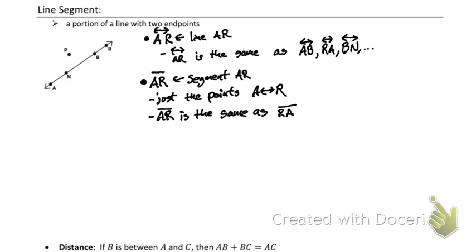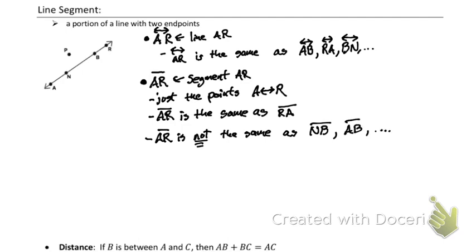However, there are things that aren't the same. If I say segment AR, that is not the same as, say, segment NB. If we look at the points between N and B, those aren't the same points as between R and A. R and A is a much longer segment than N and B. Another thing that wouldn't be the same is segment AB.